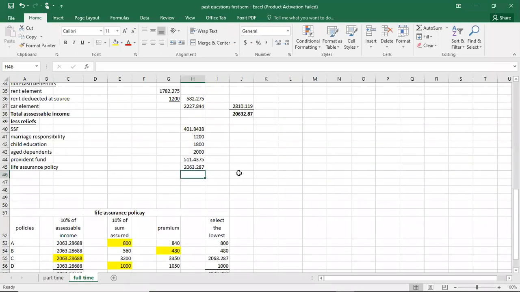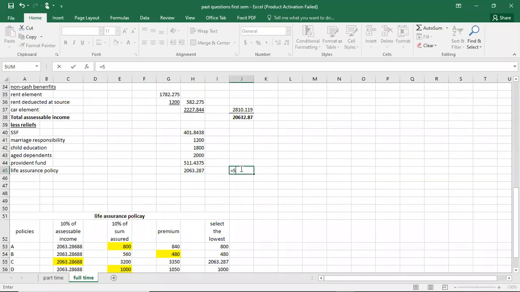So from here, I can easily total my reliefs. So the total reliefs is 7976.58. And I'm to less the reliefs from the total assessable income.